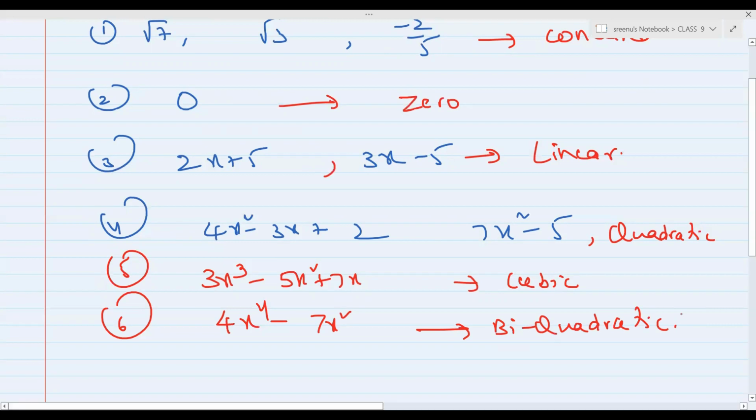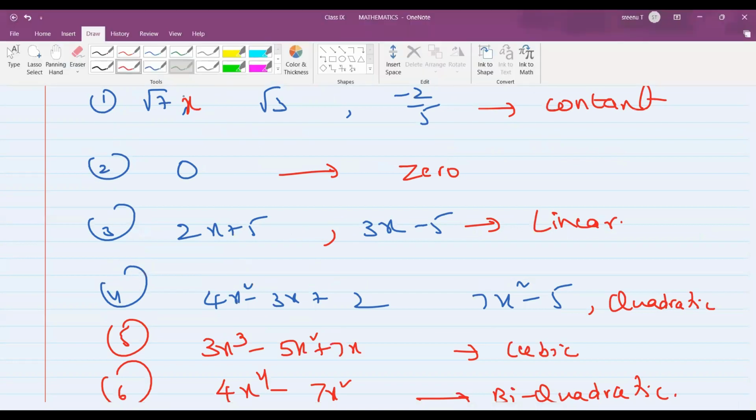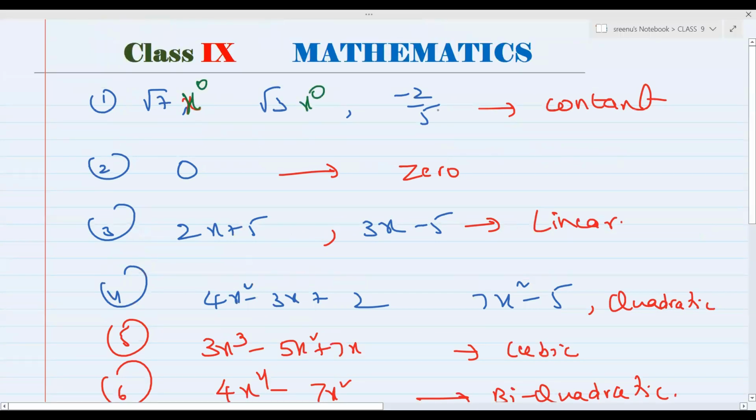Now why do we define them? So here constant polynomial, there is no degree. I can take it as x power 0. The polynomial which has degree 0, that is constant. And here nothing is there, 0 is there. So for the 0 polynomial, I can't define the degree. The degree of the 0 polynomial is undefined.